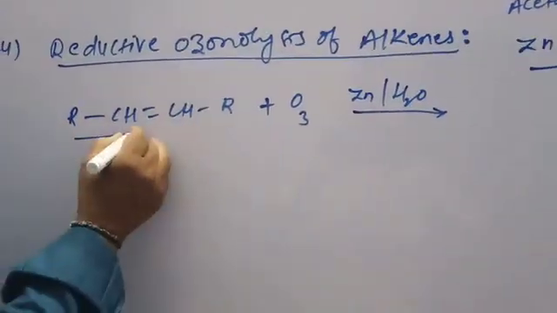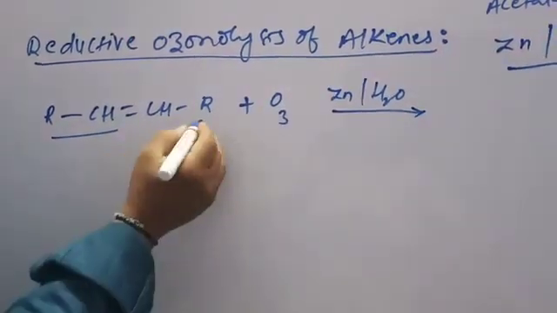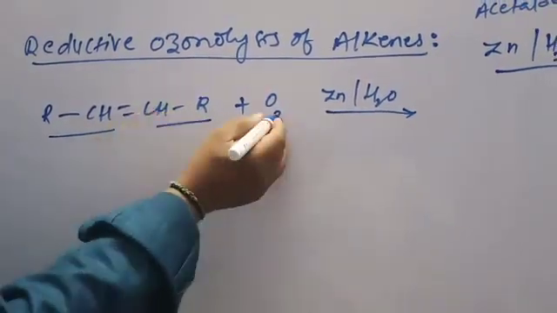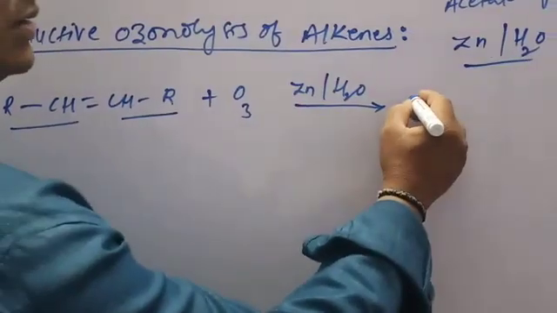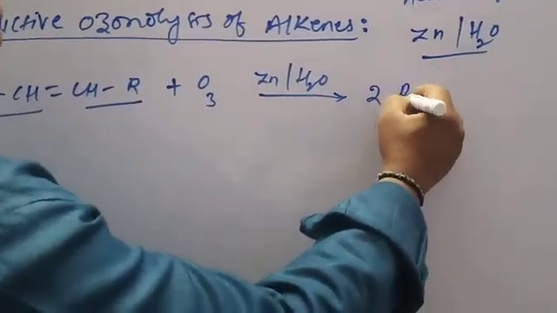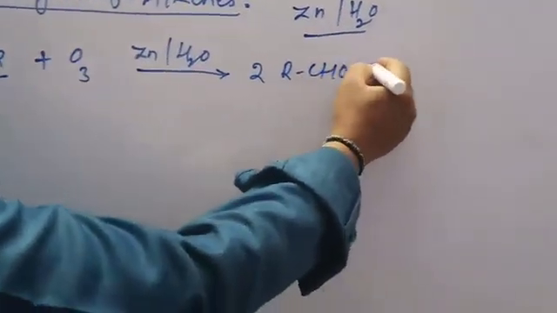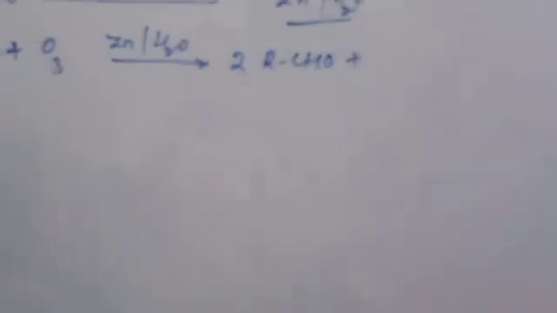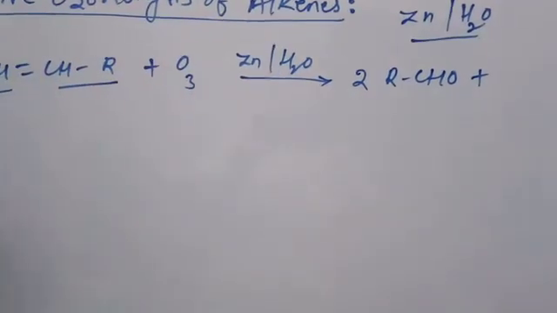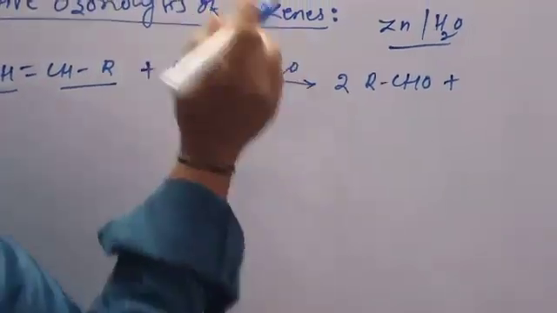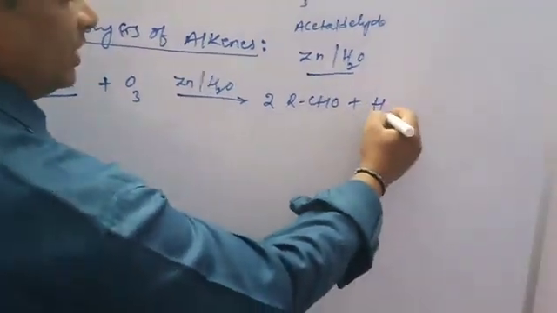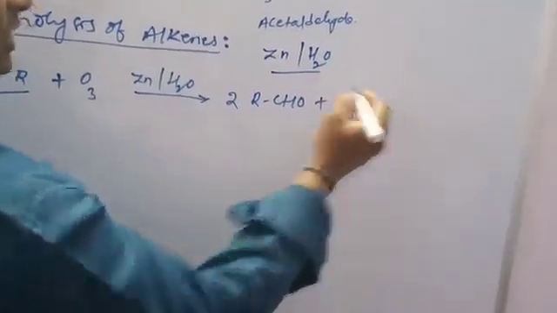So one RCH combines with one oxygen, and the other RCH combines with one oxygen. Then it gives 2 moles of RCHO, plus the remaining oxygen combines with H2 to give hydrogen peroxide.